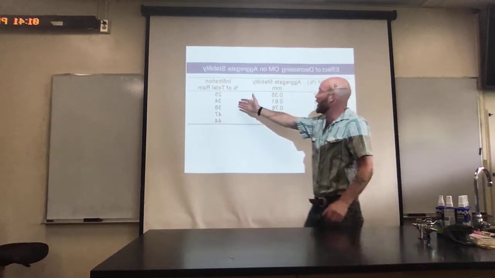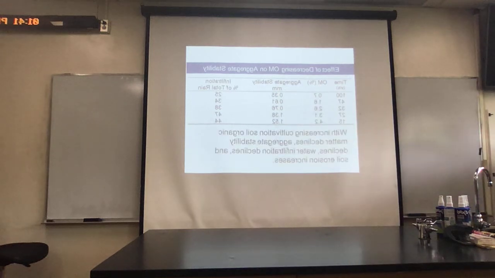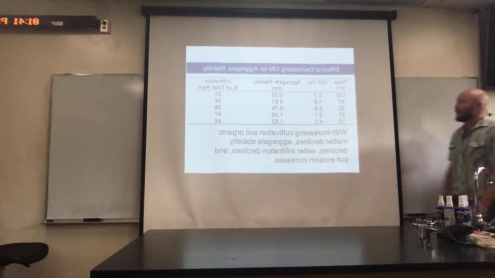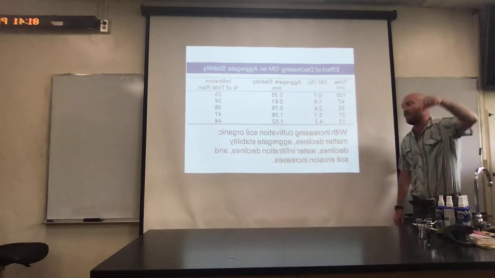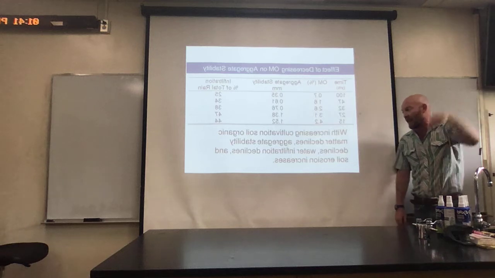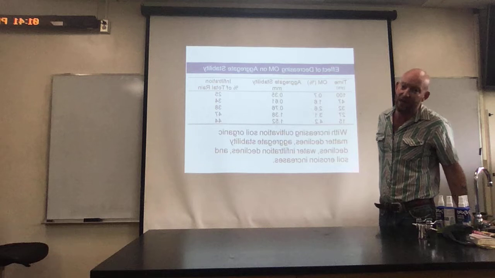And then our infiltration is going to also be reduced. Great. With increasing cultivation, soil organic matter declines, and then aggregate stability declines, and water infiltration declines, and soil erosion increases. Okay.